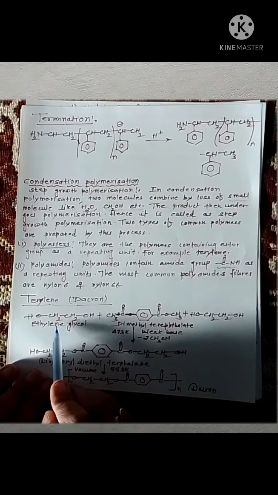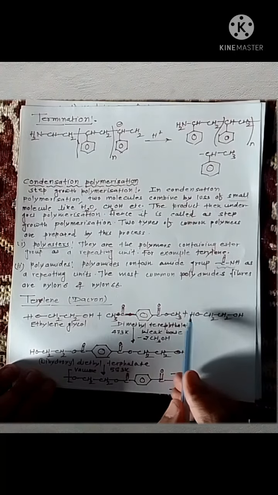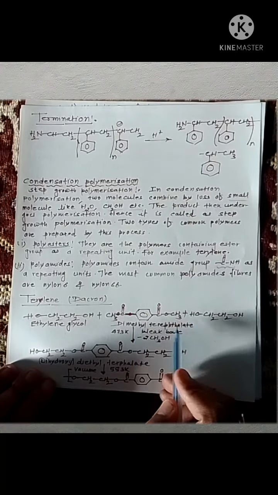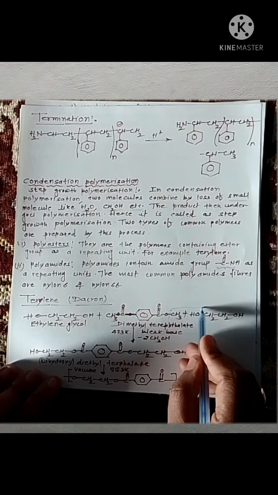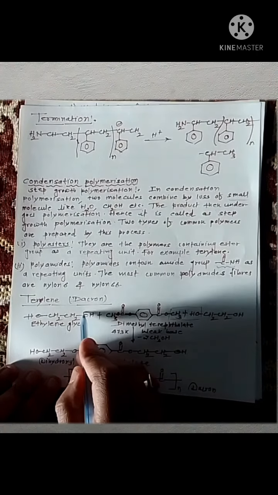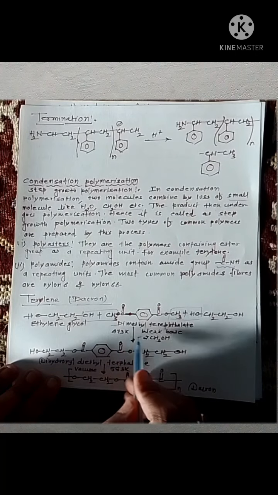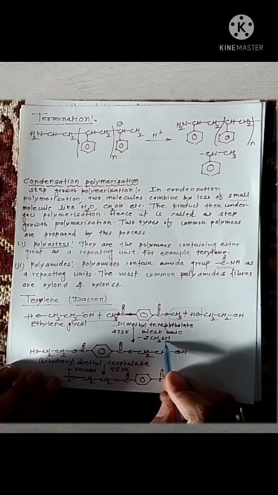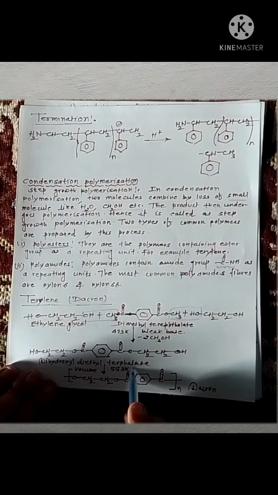In this reaction we are going to see how two molecules of ethylene glycol react with dimethyl terephthalate. Basically, this CH3 from dimethyl terephthalate takes away this OH, and from here this CH3 takes away this OH. So two molecules of methyl alcohol go out in the presence of a base, and we get dihydroxyethyl terephthalate.